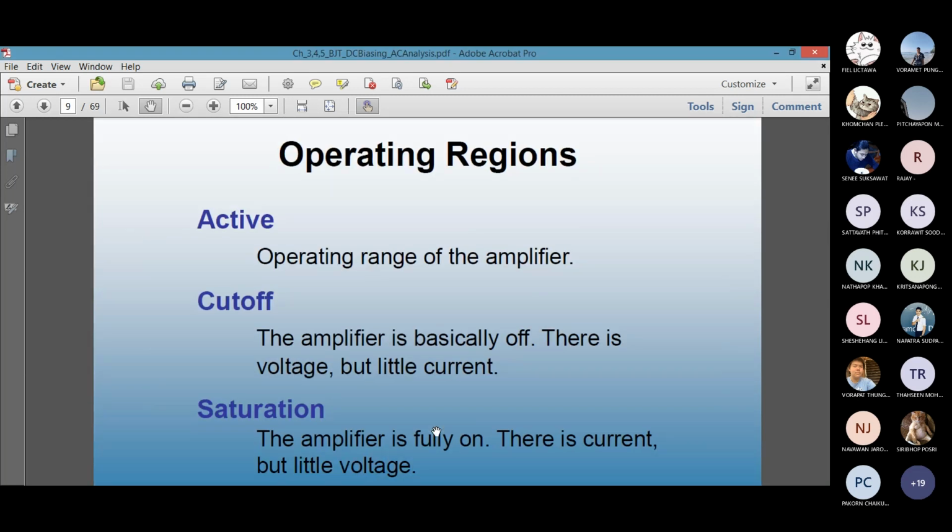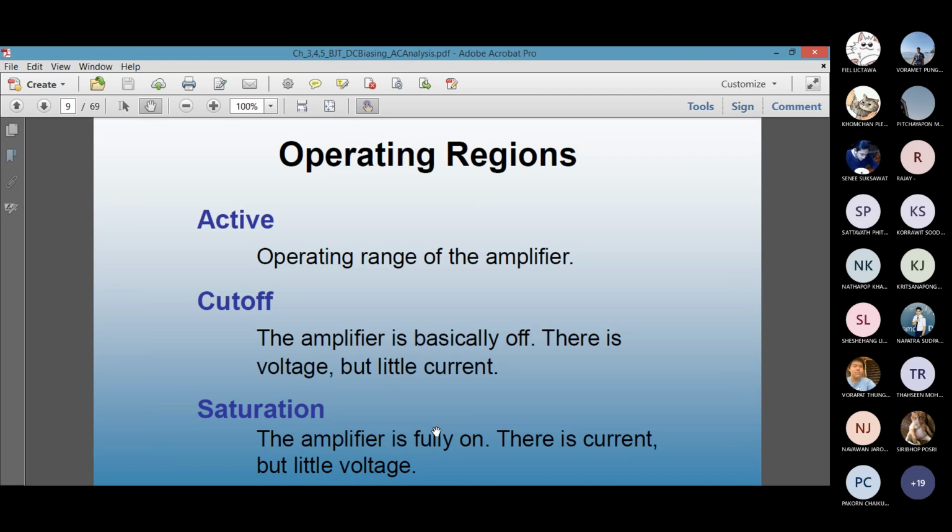There are three operating regions for BJT: active, cutoff, and saturation. Active means the normal operating range. In the cutoff, you can have a lot of output voltage between collector and emitter, but little or no current. The saturation is opposite of cutoff.